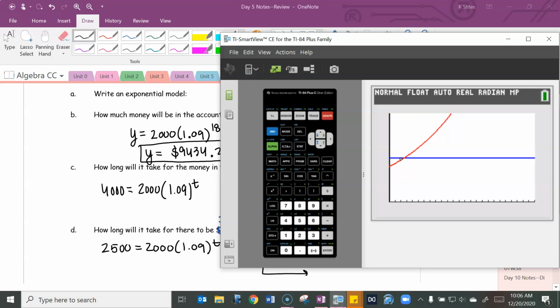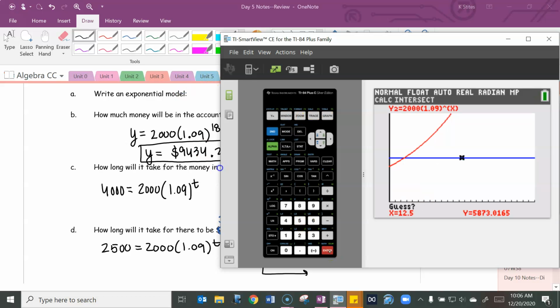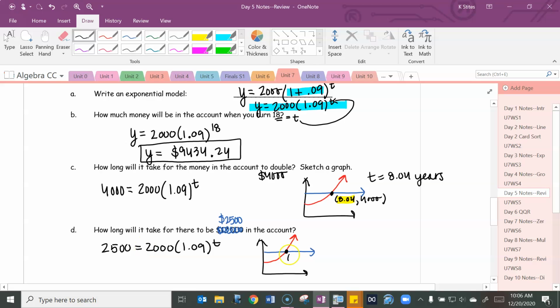And in order to find that intersection point, again, we say second trace 5, enter, enter, enter, which is 2.59, comma 2,500. And again, what we care about is our t value, 2.59 years.